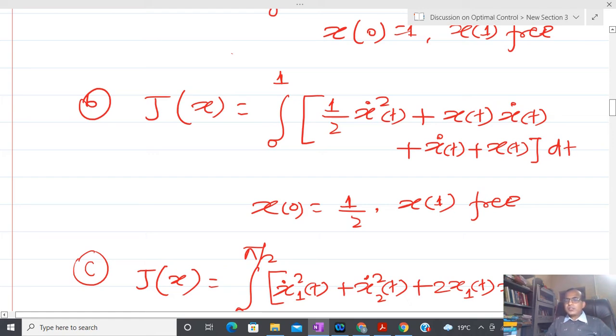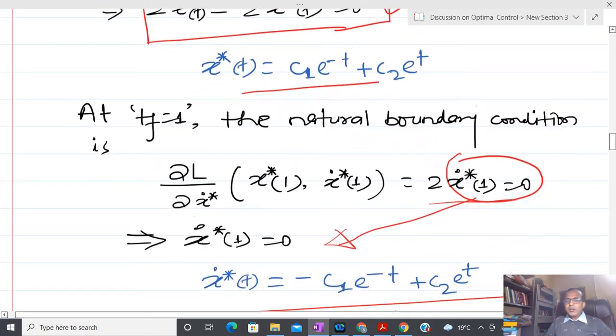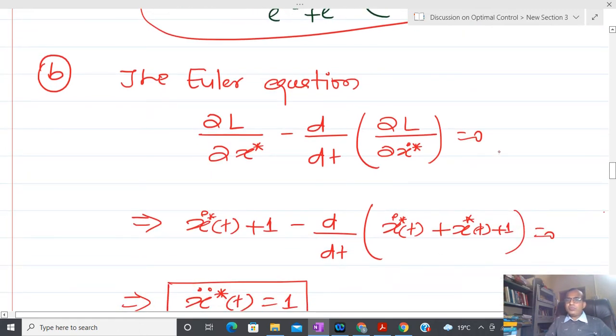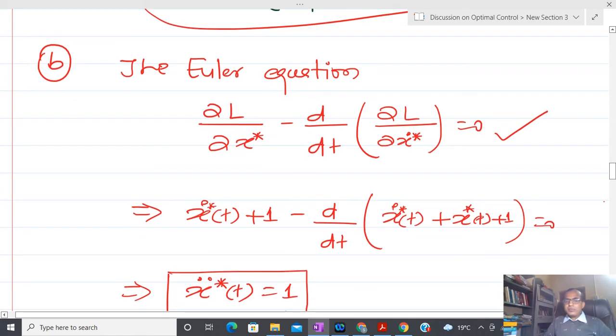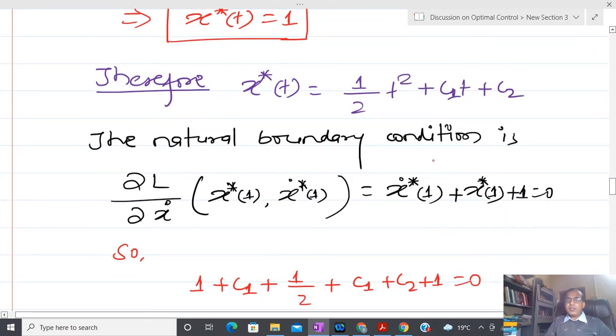Okay, so if you proceed in a similar way, now what we found is that again you have to solve the Euler-Lagrange equation. I have already told you why I always have to do that. And apart from that I also have to solve some equation for the boundary condition.